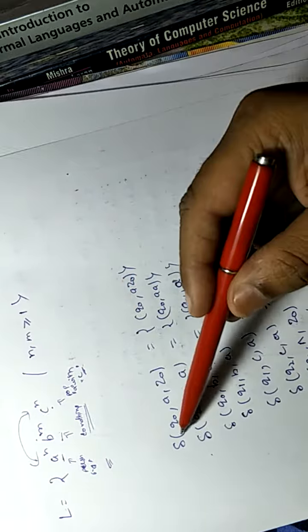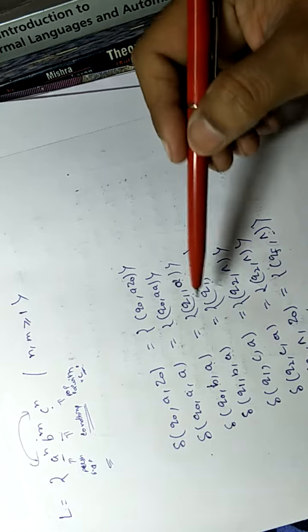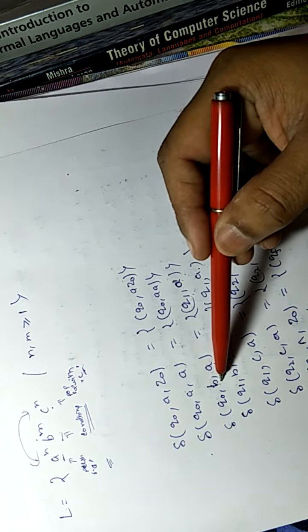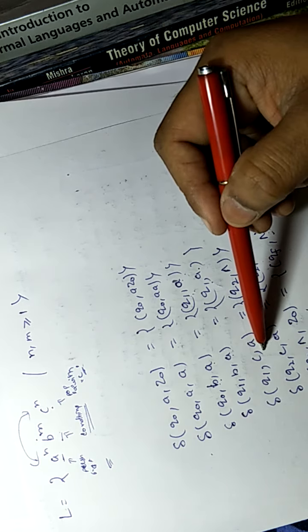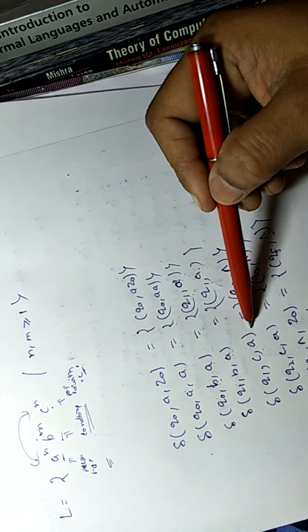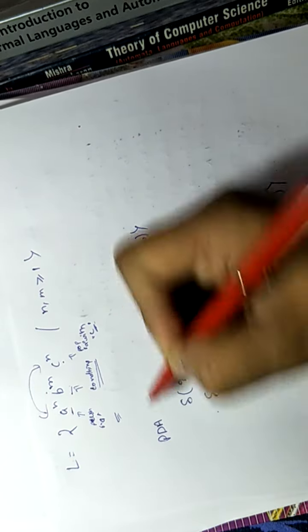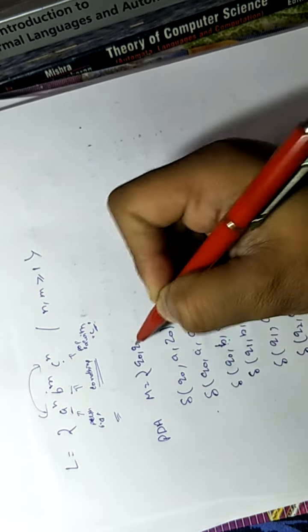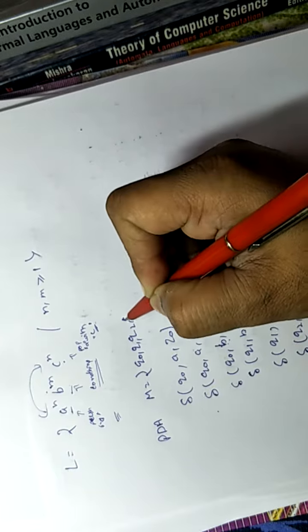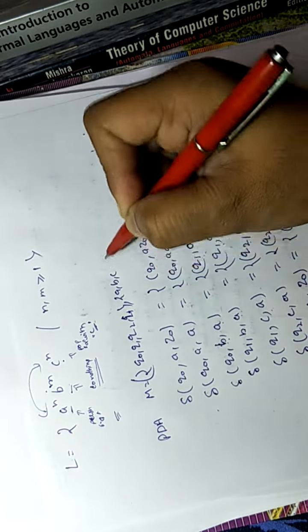and here also n, m is greater than or equal to 1 because we reach q1, then q2, then q3. By reaching q1 it is sure that there is 1b, and by reaching q2 it is sure there is 1c and 1a on the top. So there is 1a, 1b and 1c, and the PDA will have states q0, q1, q2 and qf, with a, b, c as input.